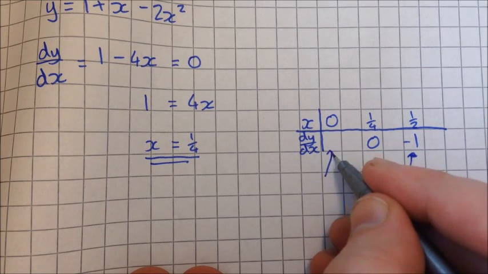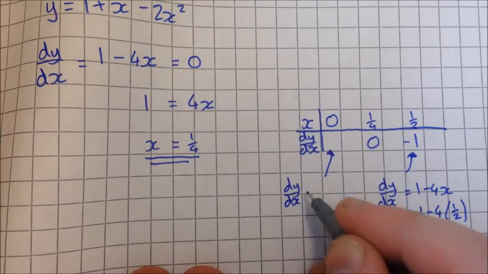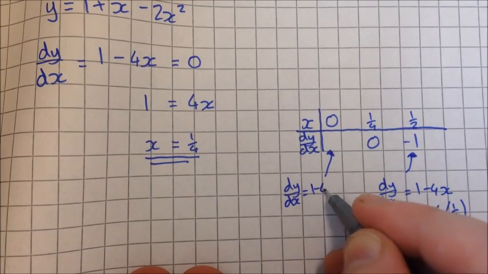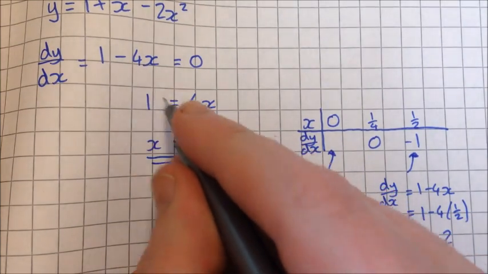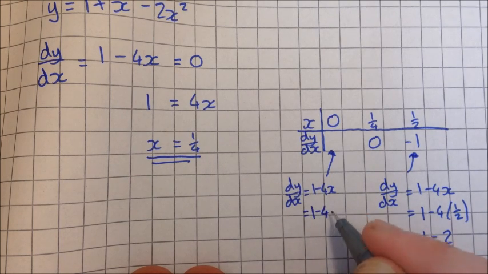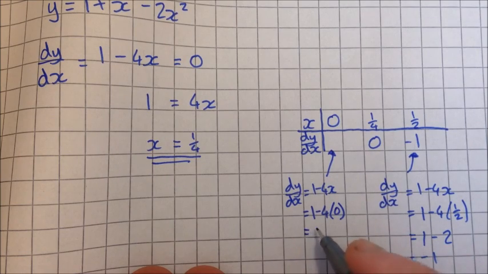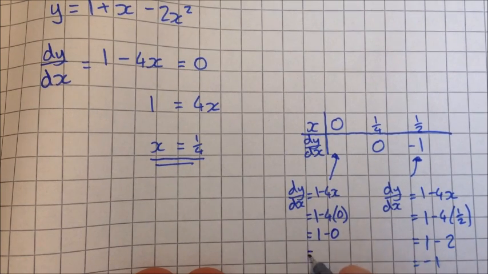For this one here, we do the same thing, dy dx equals 1 take away 4x, the same equation from up here, from before. That's 1 take away 4 lots of 0, that value there coming into here. That's 1 take away 0, which is 1.